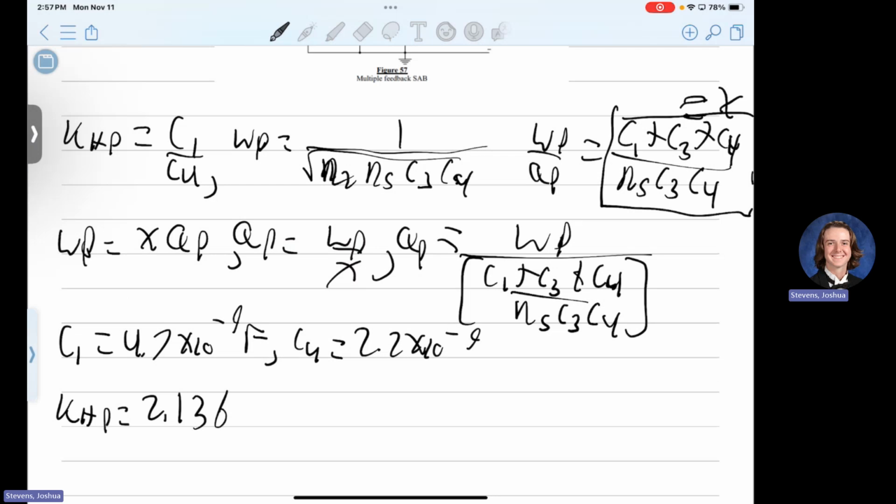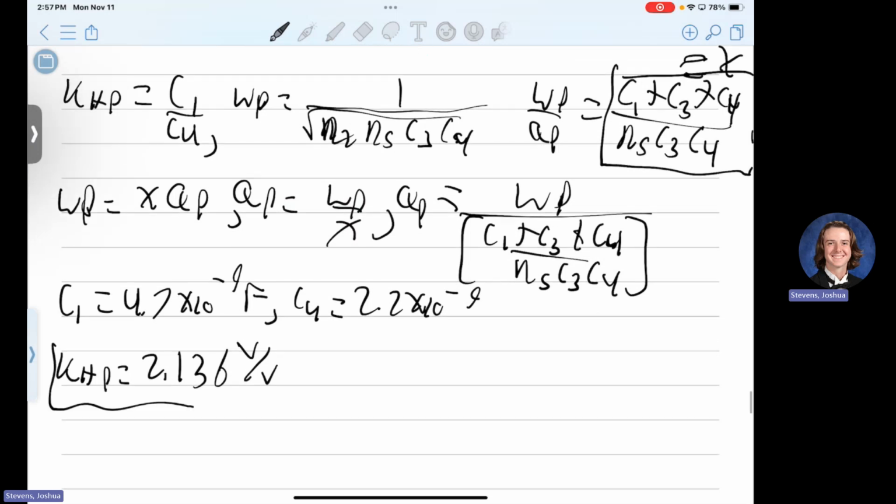What are our units for K values? Technically, it's unitless. I guess it's not unitless, but volts per volt. So that's what KHP equals.